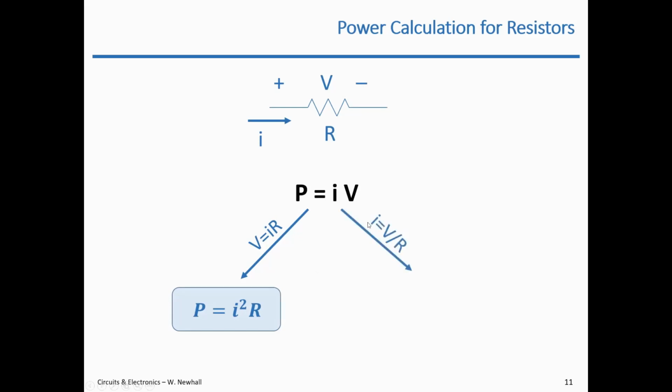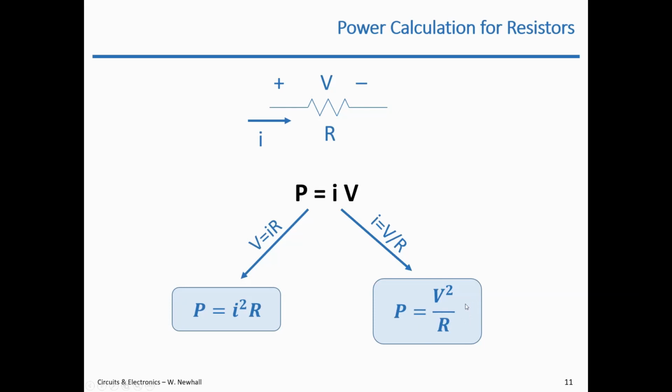I can also take Ohm's law and say I equals V over R, and then substitute that into this I, and I get power equals V squared over R. So power equals V squared over R is what you can use if you know the voltage and the resistance, instead of going through the intermediate current step.